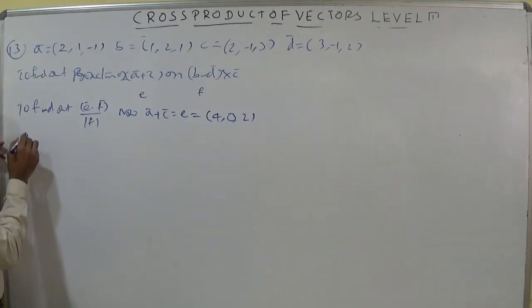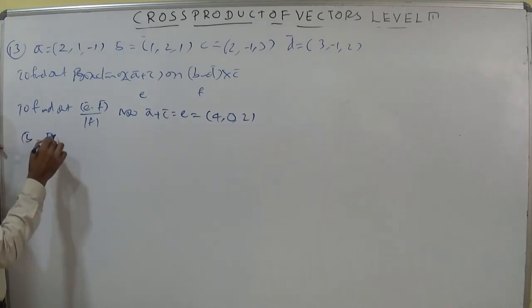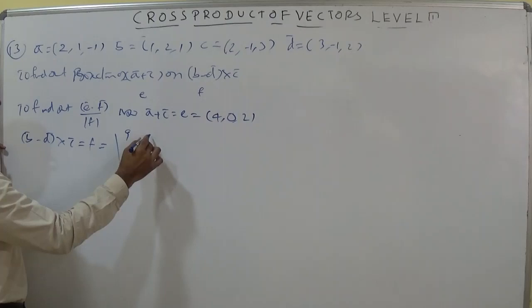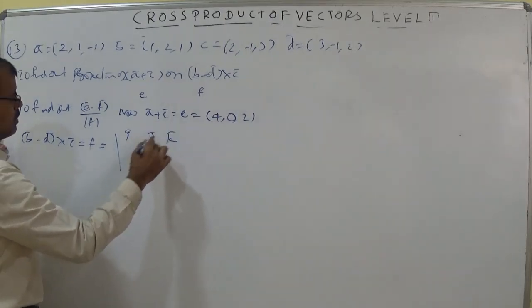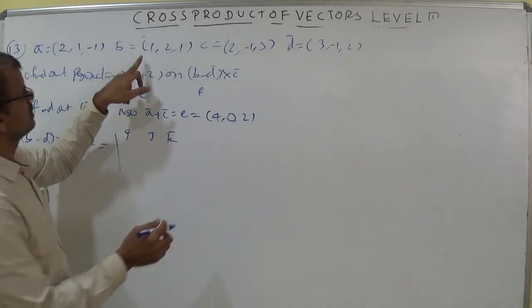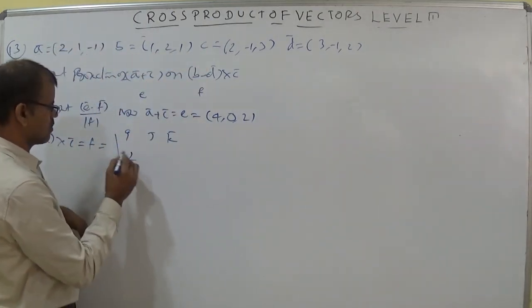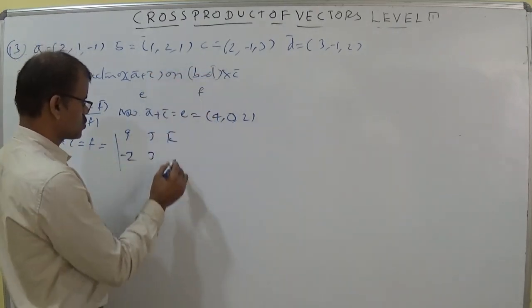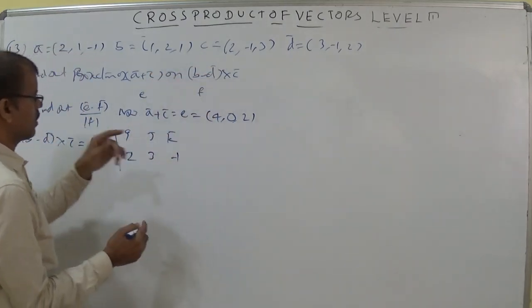Next, B minus D cross C. We put the name as F. Let us write here i, j, k, B minus D taken. Here 1 minus 3 becomes minus 2, and 2 plus 1 becomes 3, 1 minus 2 is minus 1. What is the value of C?